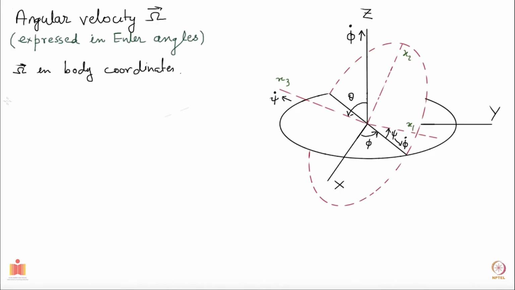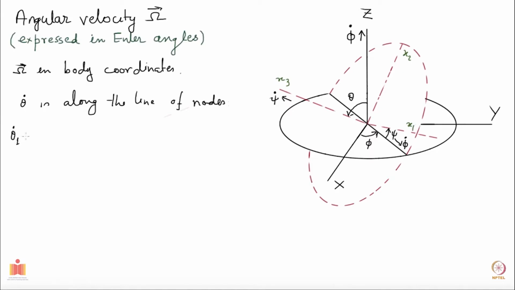Let's start with theta dot, which is along the line of nodes, as I said, along the line of nodes. Meaning here, your theta 1 dot, theta 2 dot, theta 3 dot, it will take too much space, so let's write one by one.